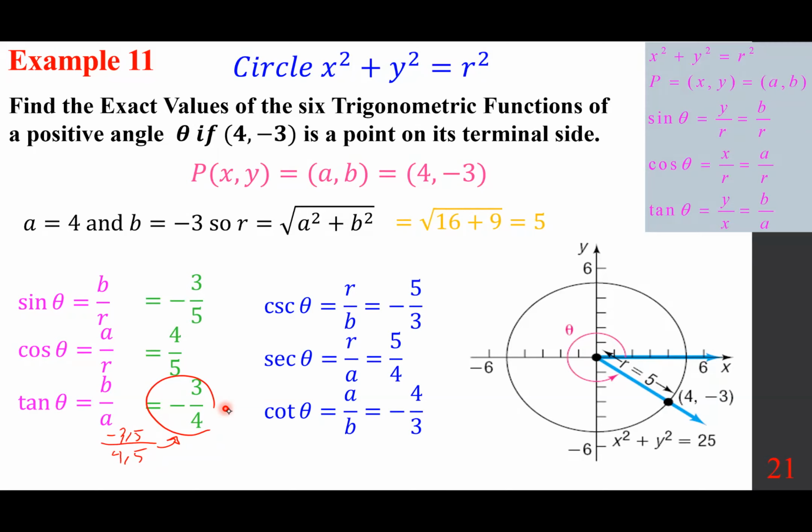So when we have a general case x squared plus y squared equals r squared, we just want to be careful with sine and cosine. The rest we can use sine and cosine to get to the answer.